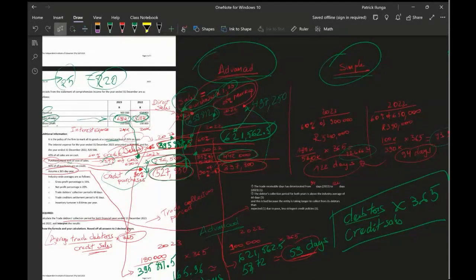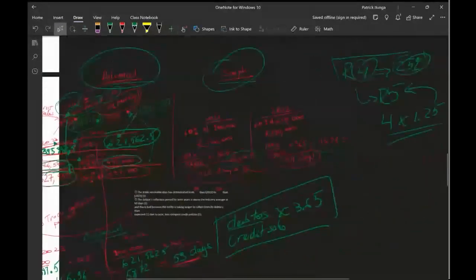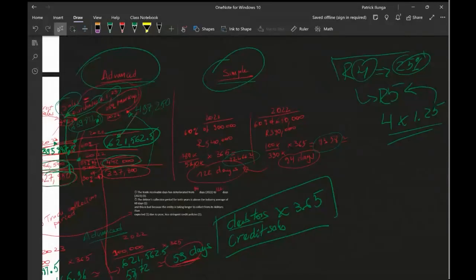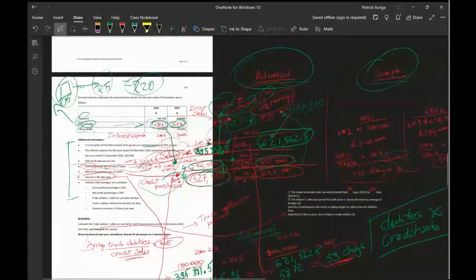Which number, sir? No, I was saying, do you have your OneNote open? Oh, no, I have my assignment open, but not my OneNote. Oh, okay. So if you have your assignment, you only did the simple version. So what we do, we just take the 60%. How do we know?